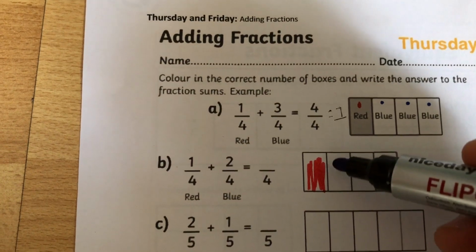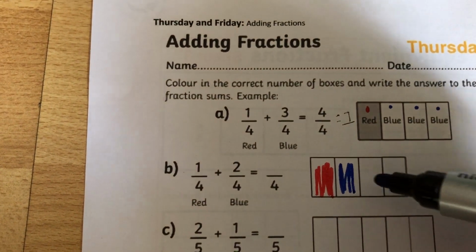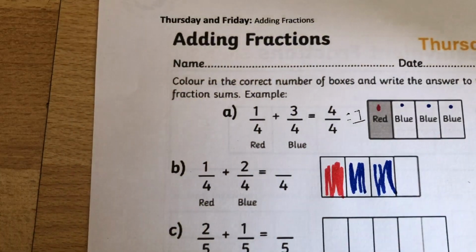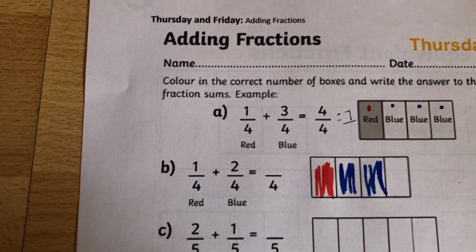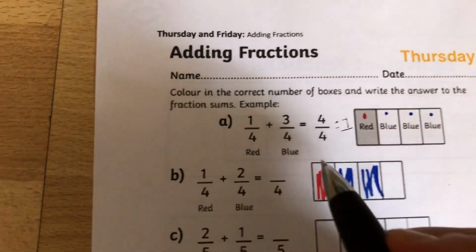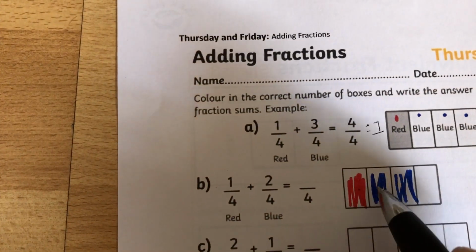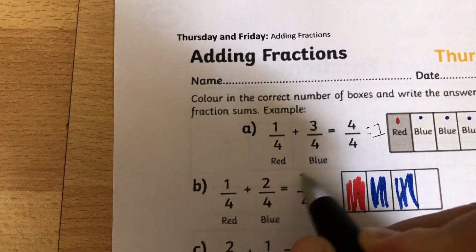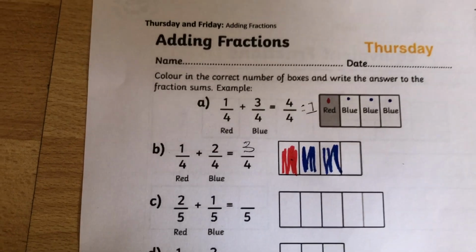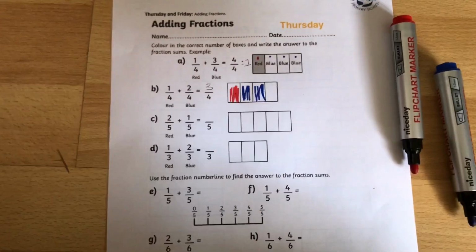So to go to my next one, that will be blue. That will be blue. I've got one left over there. So what fraction have I colored in red and blue? I've colored in 1, 2, 3 of them. 4 makes the total. Okay, so you're not going to be coloring in every single one every single time.